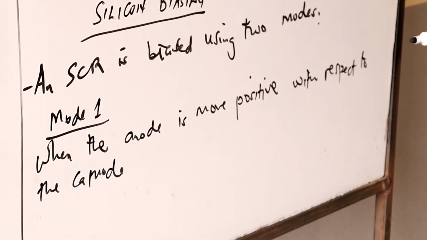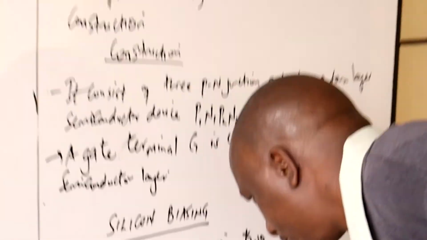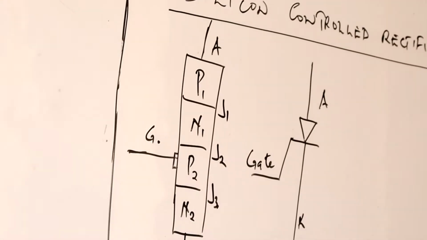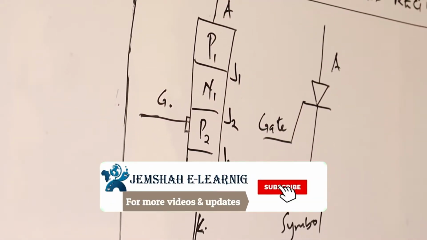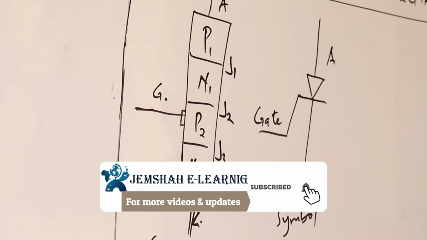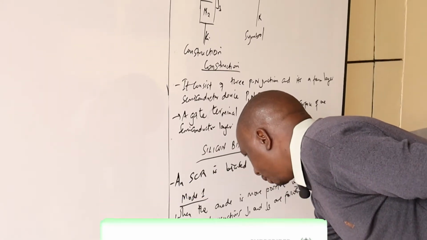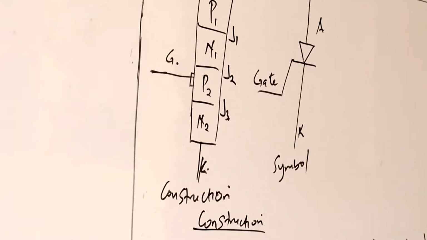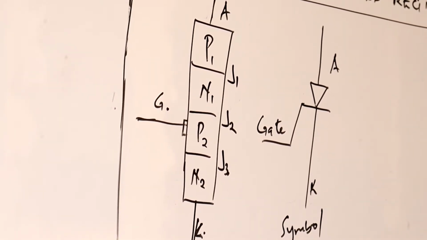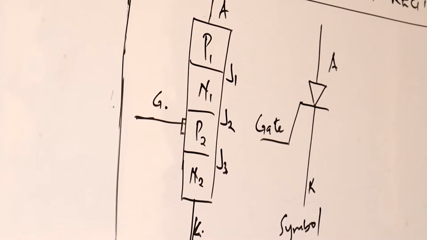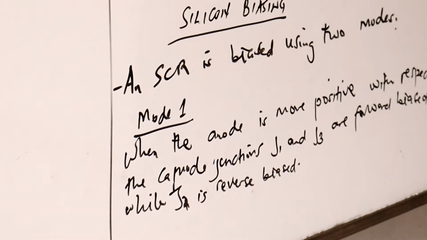Junctions J1 and J3 are forward biased, while J2 is reverse biased.